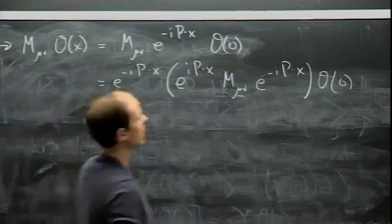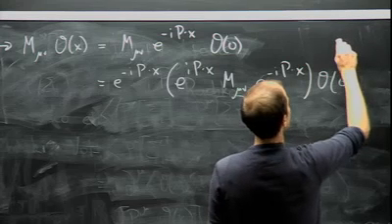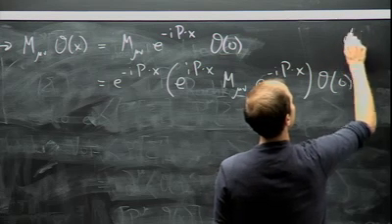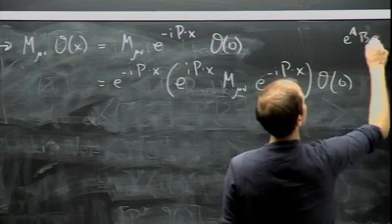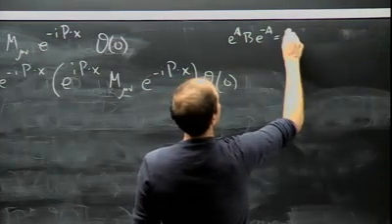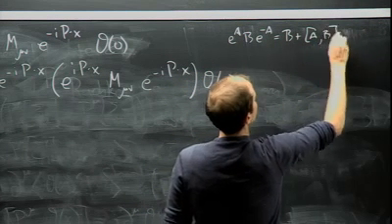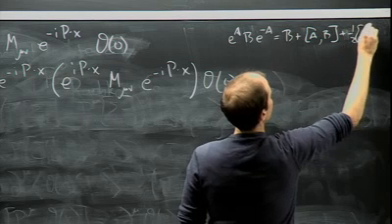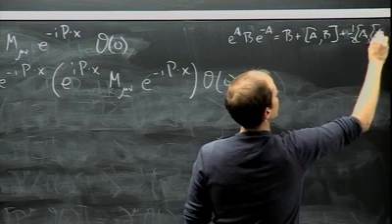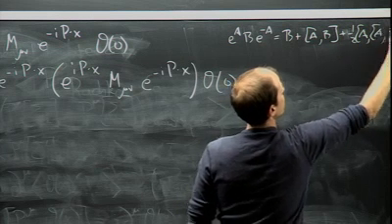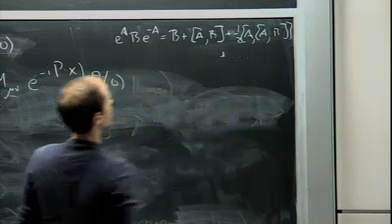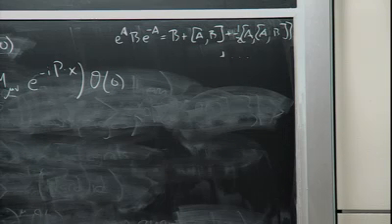Now we can use the Hausdorff formula, I think it's called that, which says that e to the A B e to the minus A is B plus the commutator of A with B plus 1/2 A commutator with the commutator of A with B, plus dot dot dot. So we take this thing, we replace it with a bunch of commutators. The first term is just M mu nu.